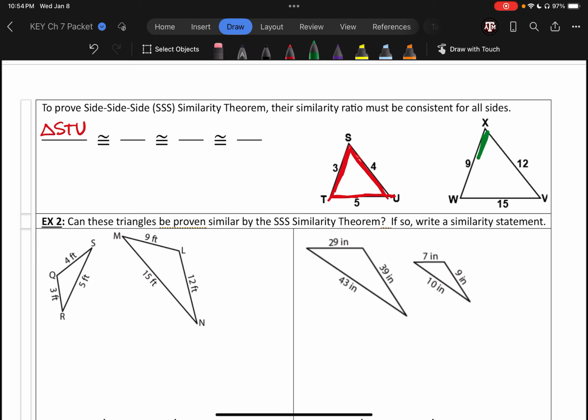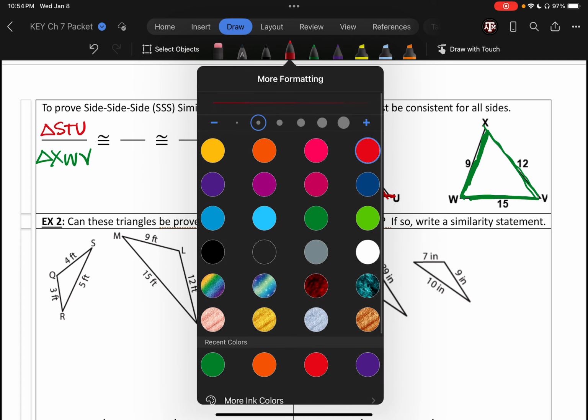And then over here, let's say that I'm looking at triangle XWV. We want to be consistent. What we mean by that, again, is keep the same order, right? And we did this yesterday. We actually did something very, very similar to this.